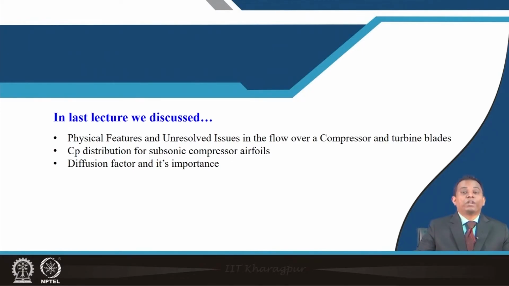So how my flow behaves on my suction surface is what the diffusion factor decides. We have correlated this diffusion factor with flow angles, and we introduced one more parameter, the solidity of the blade. That solidity we have defined as the chord to pitch ratio, where pitch is nothing but 2 pi r at that radial distance divided by the number of blades.